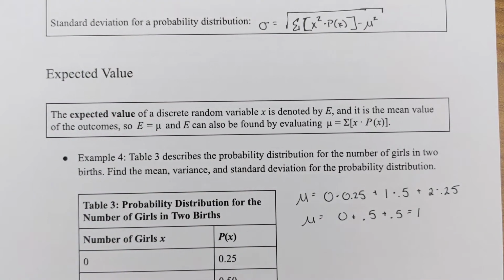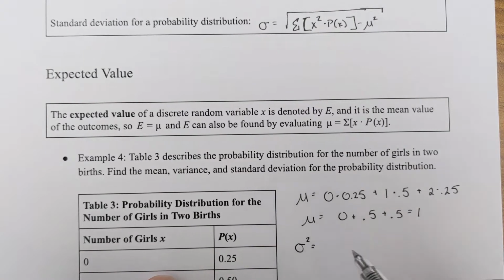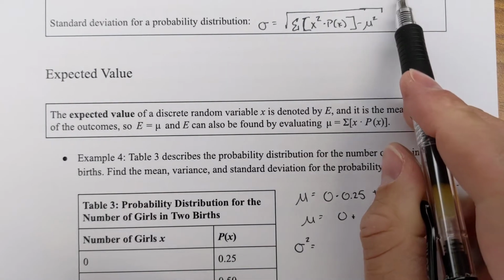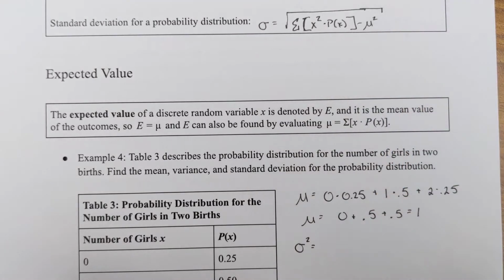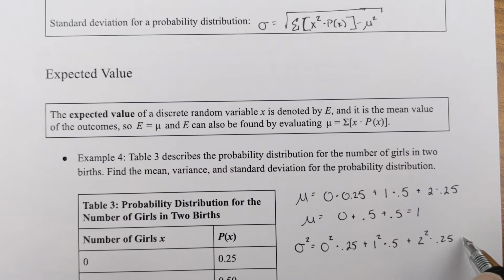So the average value is 1. So the variance is equal to the sum of each value squared times its probability. So 0 squared times 0.25 plus 1 squared times 0.5 plus 2 squared times 0.25, and all of that minus the average squared.